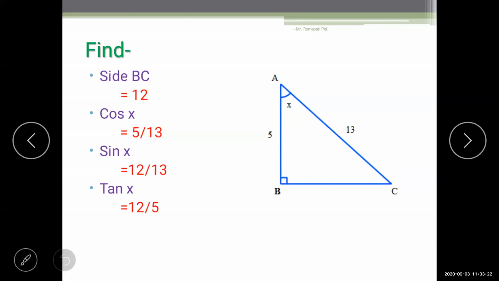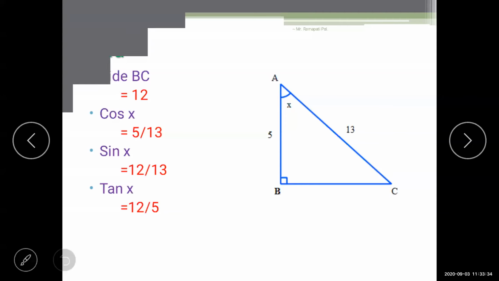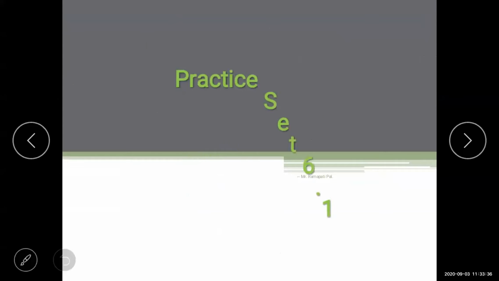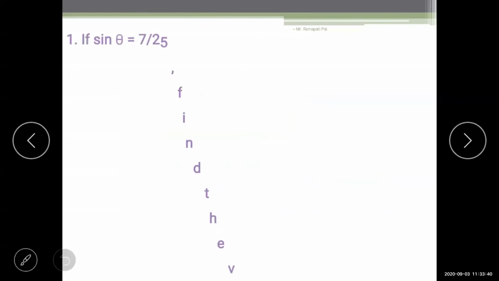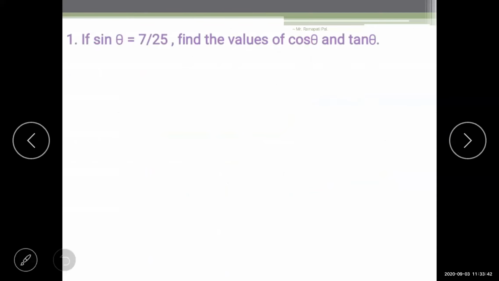Okay. Then shall we start practice set 6.1 now? If you understood, I can proceed to exercise 6.1, that is practice set 6.1. Okay. Come now. In practice set 6.1, sin theta is 7 upon 25.